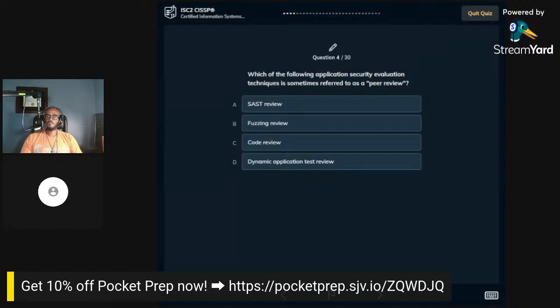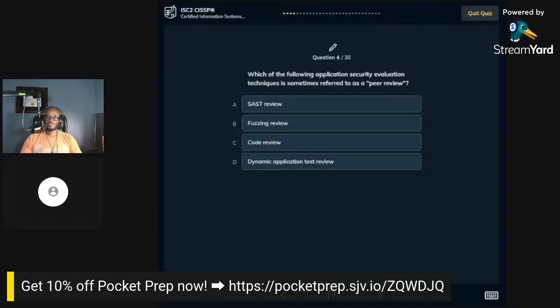SAST is static application security testing, and DAST is dynamic application security testing.